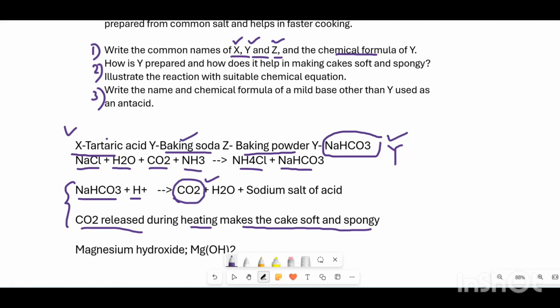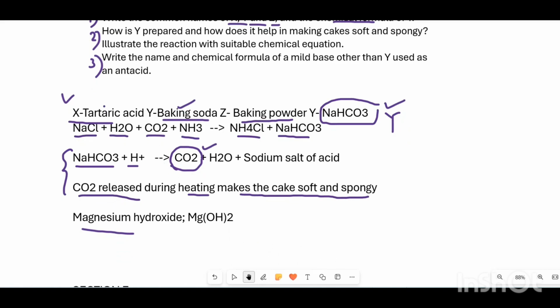Other than this antacid, we can use magnesium hydroxide also. It's another antacid used for the same reason. So sodium bicarbonate as well as magnesium hydroxide can be used as an antacid.